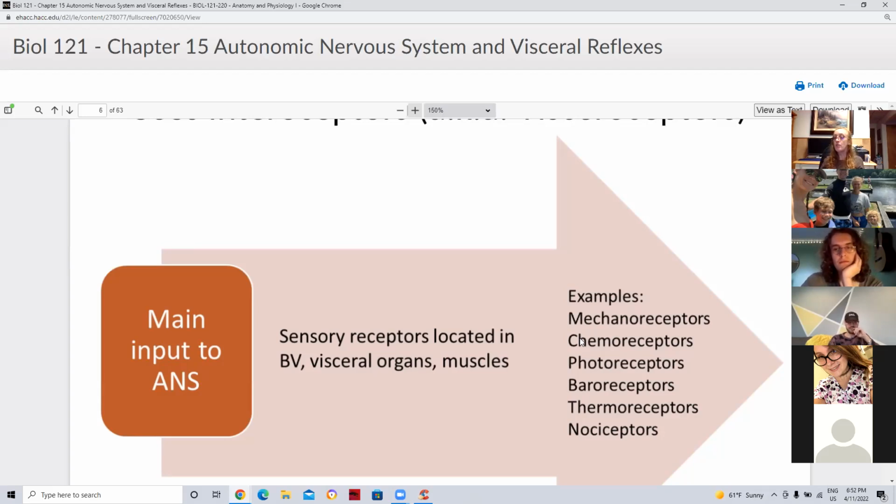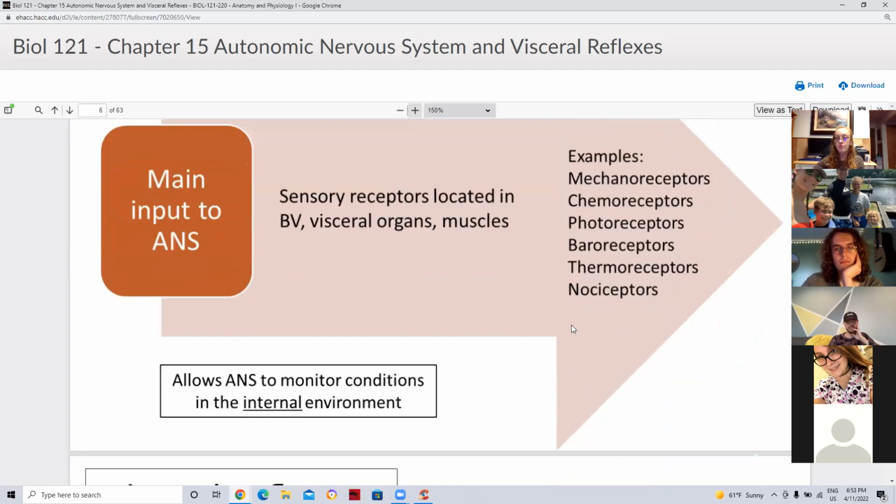Thermoreceptors measure temperature. Nociceptors measure pain, specifically. So these all allow the autonomic nervous system to monitor conditions.